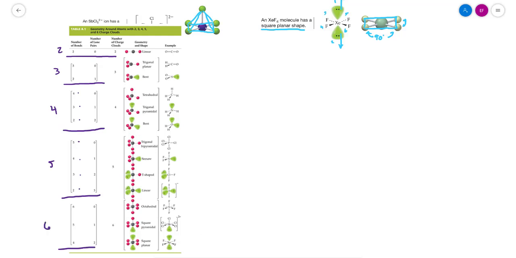And then this last one is what we just covered, which is 6 charge clouds with 6, 5, and 4 bonds. So you've got 1, 2, 3, 4, 5, 6, 7, 8, 9, 10, 11, 12, 13 different geometries that molecules can take based on, 1, how many charge clouds there are, and 2, once you know the charge clouds, how many bonds form.